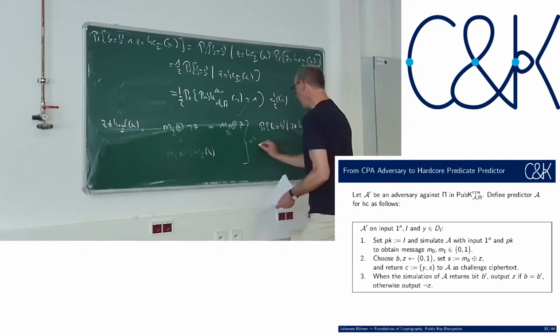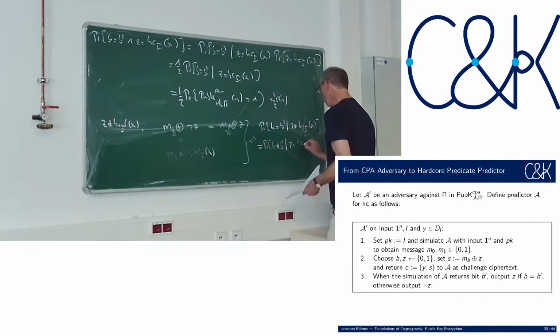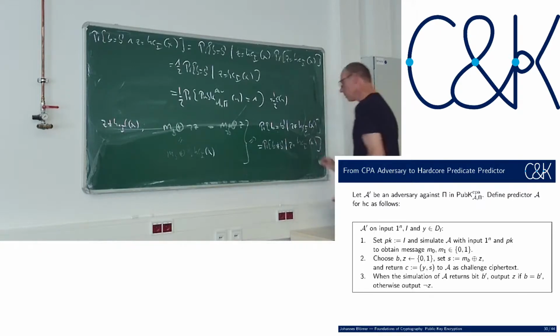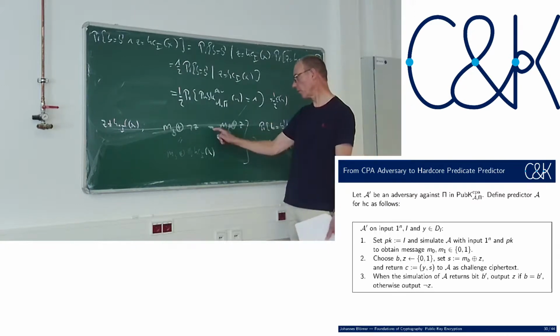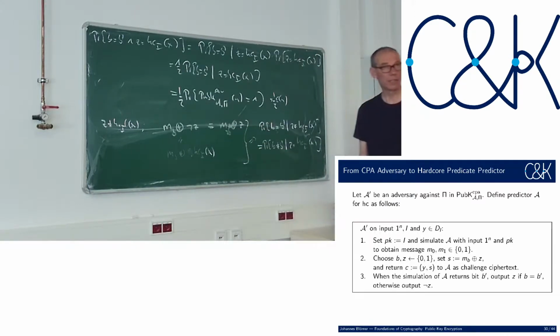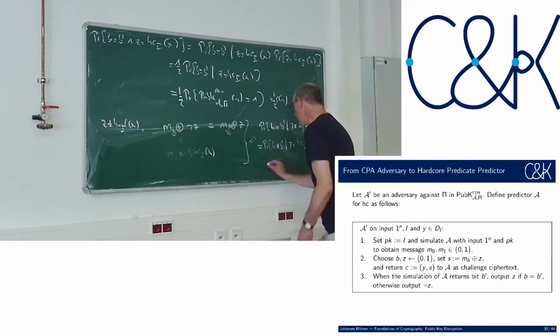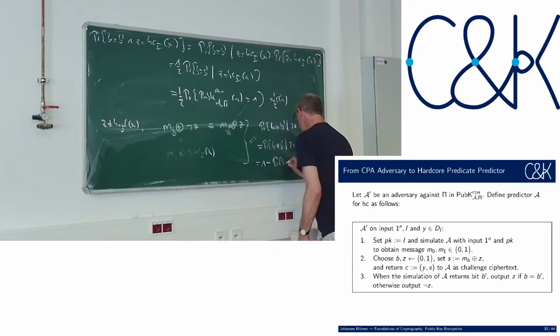This is the same as the probability of B not being equal to B prime conditioned on Z being the hardcore predicate of X. So I just push the inequality in here, which you can easily check yourself, follows from this equality. Takes some manipulating, but this here is 1 minus the probability that B is equal to B prime conditioned on Z is equal to HCI of X, right?